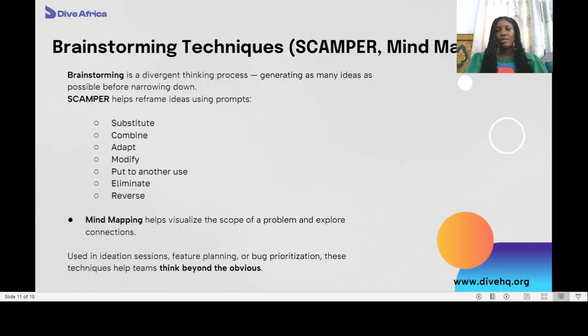When we talk about the C in SCAMPER, the C is combine: to merge two ideas or features together. Merge two things in one to save time or create something new.